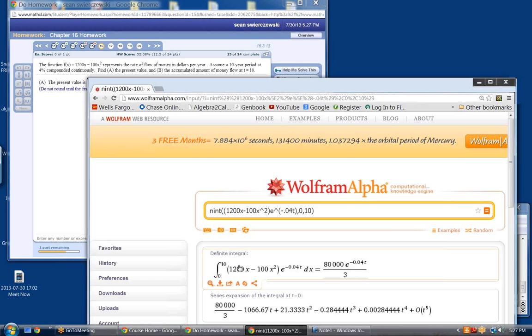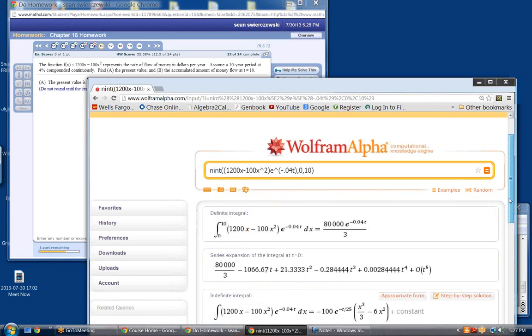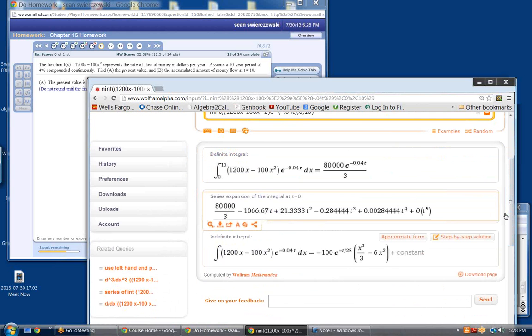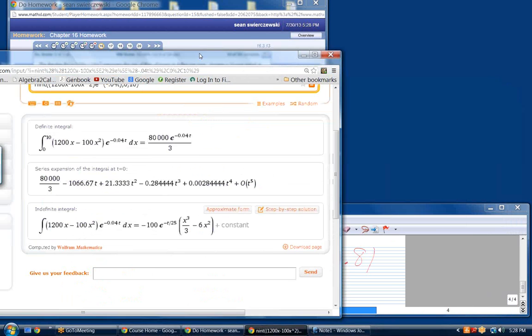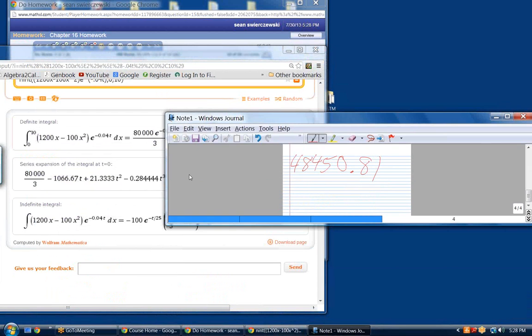Okay, there's f of x, 1200x minus 100x squared times e to the minus rt dx. All right. I can just plug that in my calculator right there, right? The 80,000 e to the negative 0.04. Yeah, let's get a number for that. So how would I, because we don't have t yet, right?